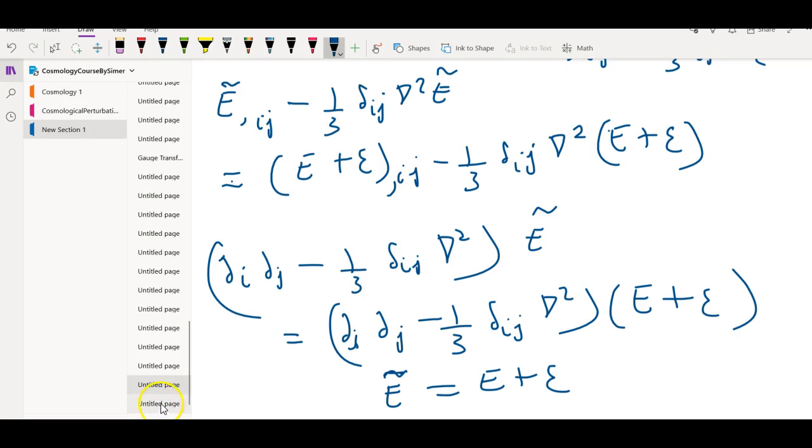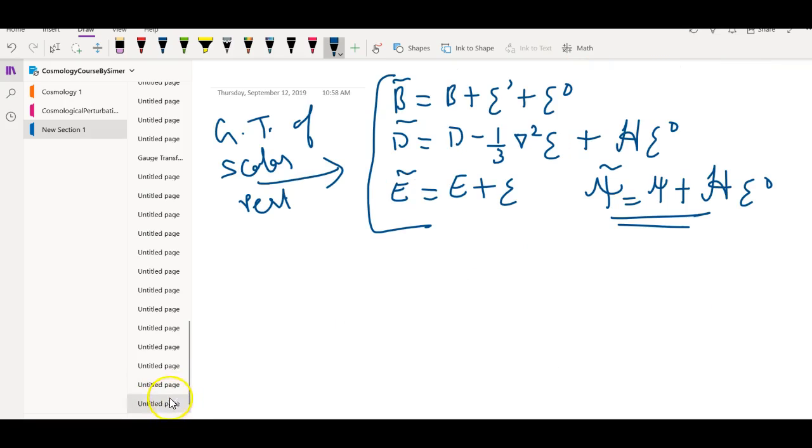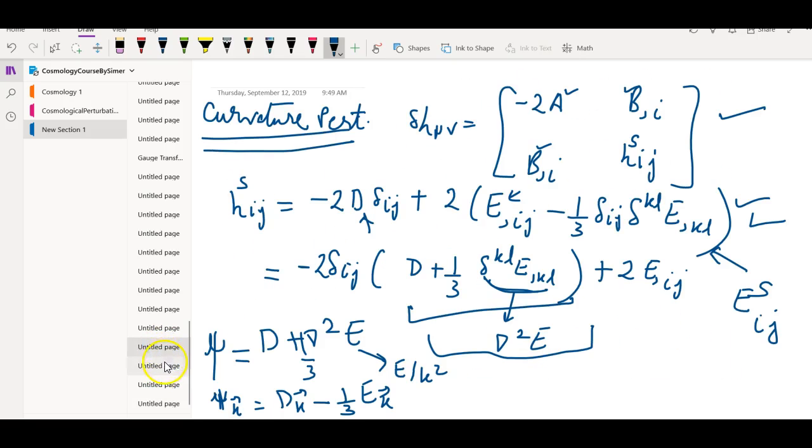Here psi is defined as d plus 1 by 3 del square e.